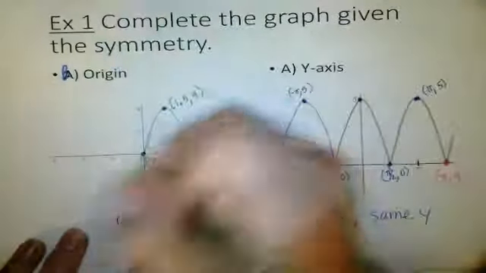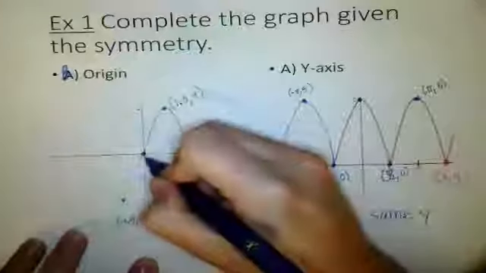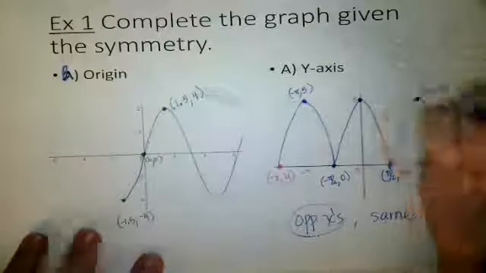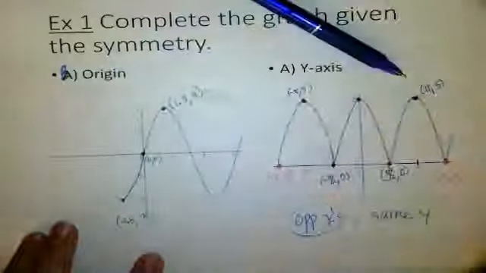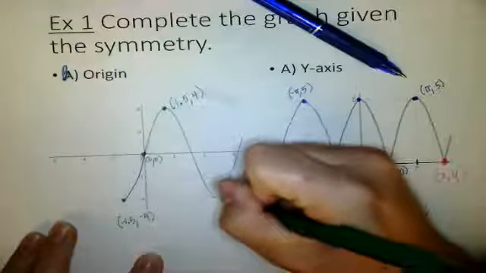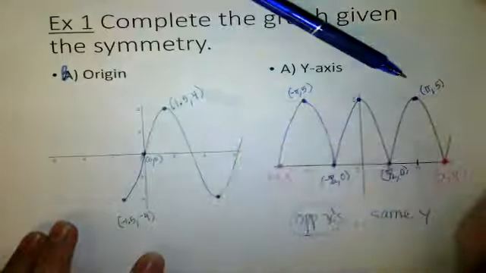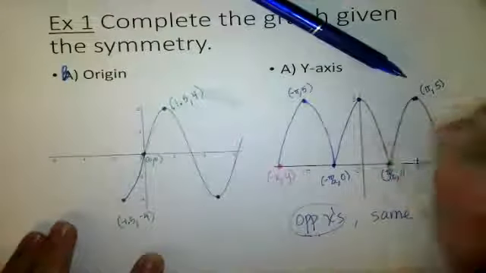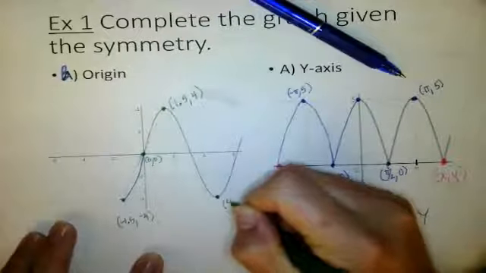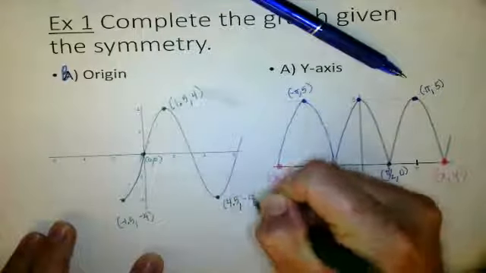And so I can sort of try and reflect that graph there. Let's see. Here's another point. I'm going to say this point right here is, I don't know what that is, like 4.5, negative 4.